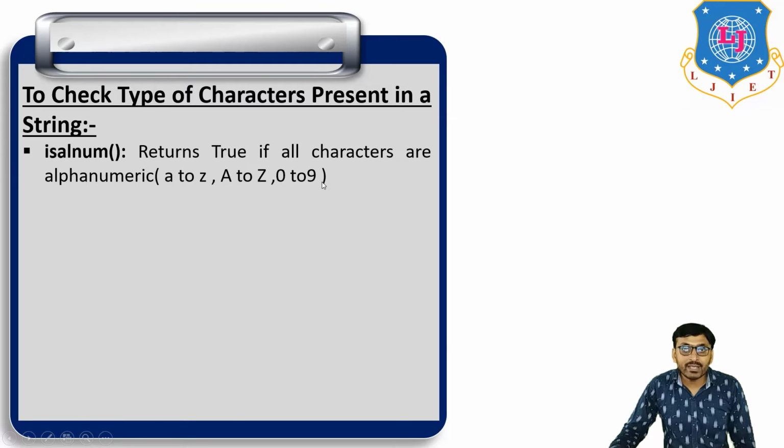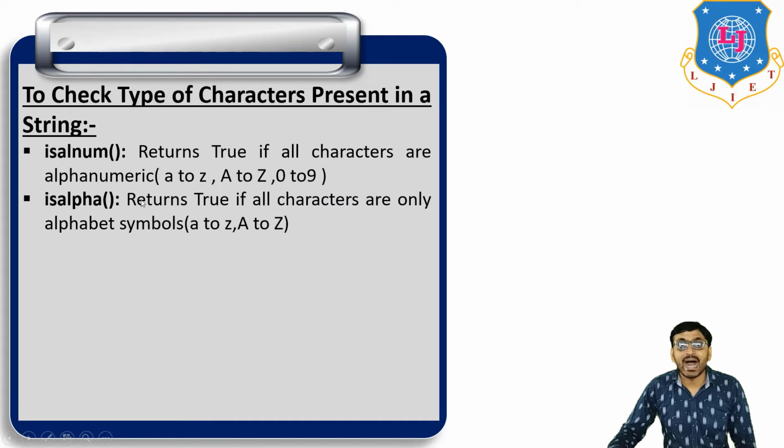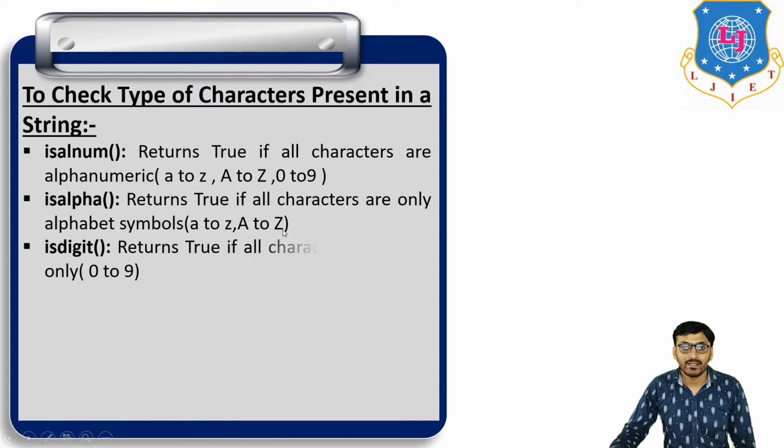If all characters are alphanumeric, then the return is true, otherwise false. Second is isalpha, which returns true if all characters are only alphabet symbols, small a to small z or capital A to capital Z. Then isdigit returns true if all the characters are digits only, it means 0 to 9.